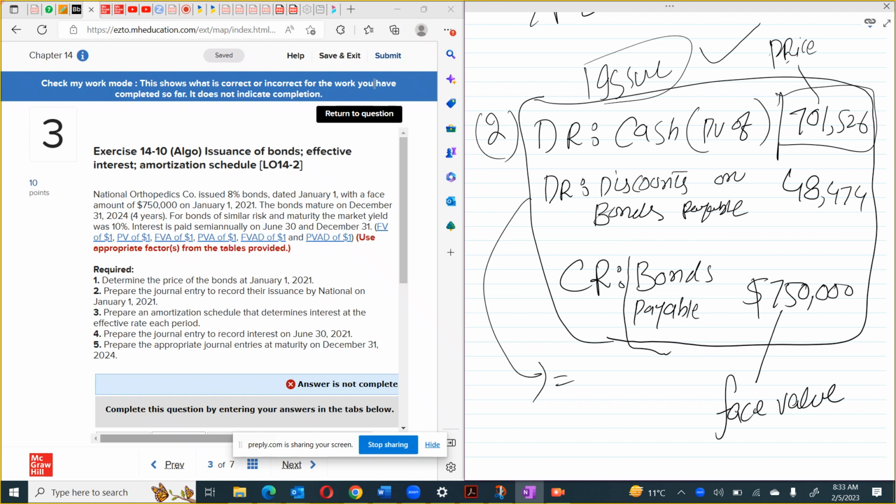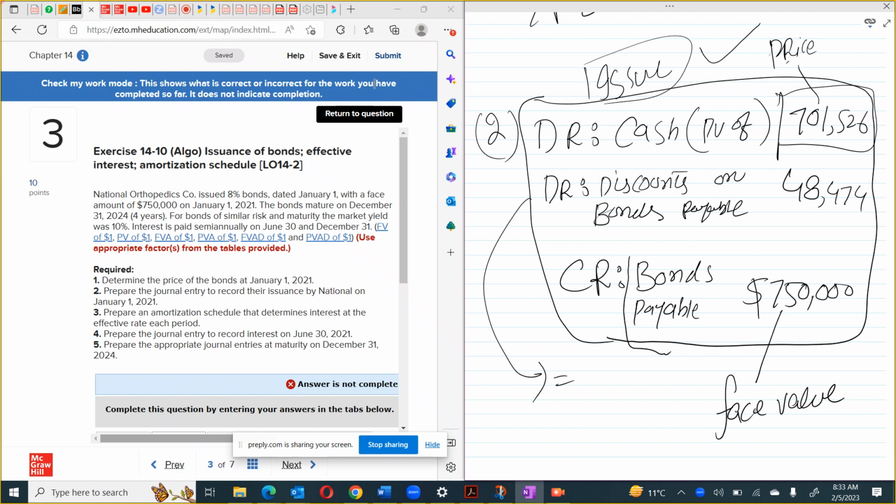Now I will calculate the interest amount. How will I calculate the bond interest? 706,602 times 5% is 35,330. So the difference is 35,330 minus 30,000, which is 5,330.